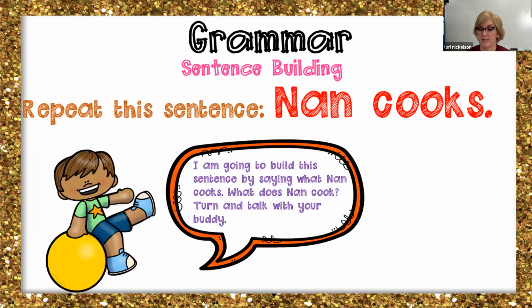So repeat this sentence after me. Nan cooks. Nan cooks. Okay, now I'm going to build this sentence by saying what Nan cooks. What does Nan cook? Turn and talk with somebody there at your house. What does Nan cook?